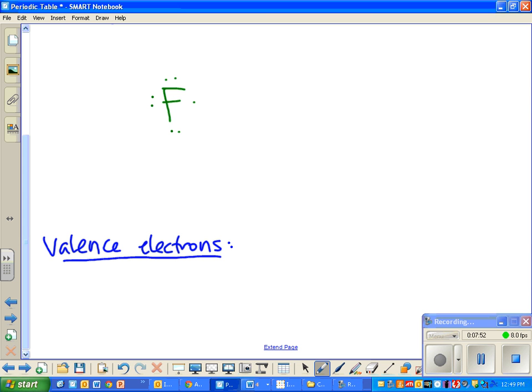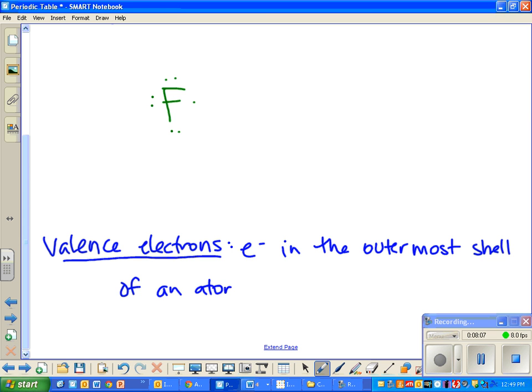Valence electrons are electrons in the outermost shell of an atom. So this would be their highest energy level.